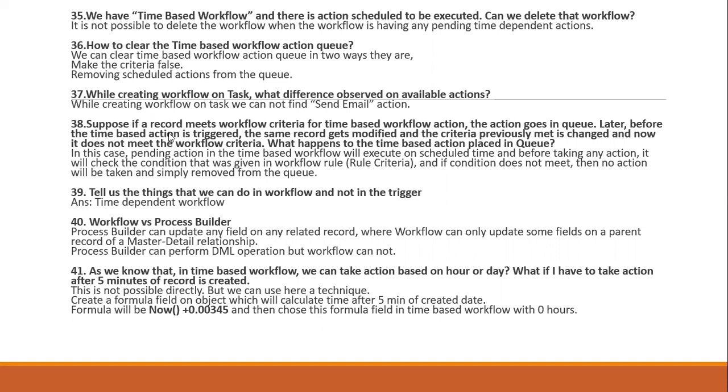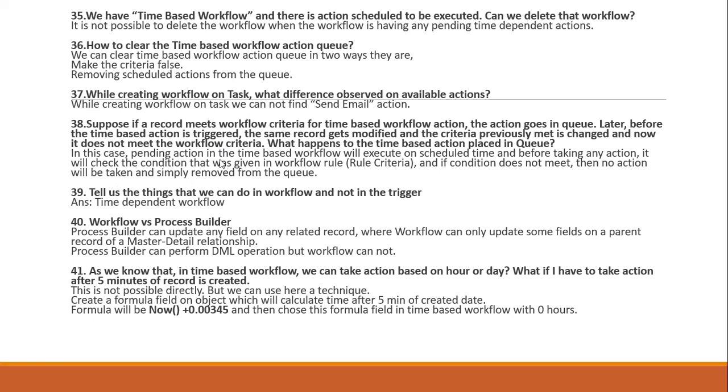Next question: suppose a record meets the workflow criteria for the time-based workflow actions. The action goes into the queue to be triggered later. If the record gets modified before the time-based action is triggered, and the criteria previously met has changed and now it does not meet the workflow criteria, what happens to the time-based action placed in the queue?